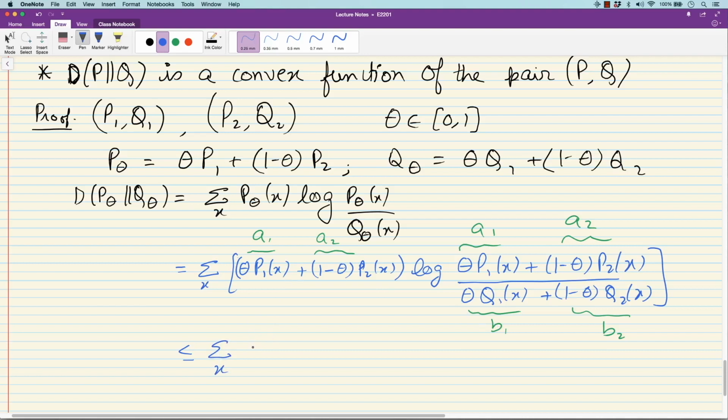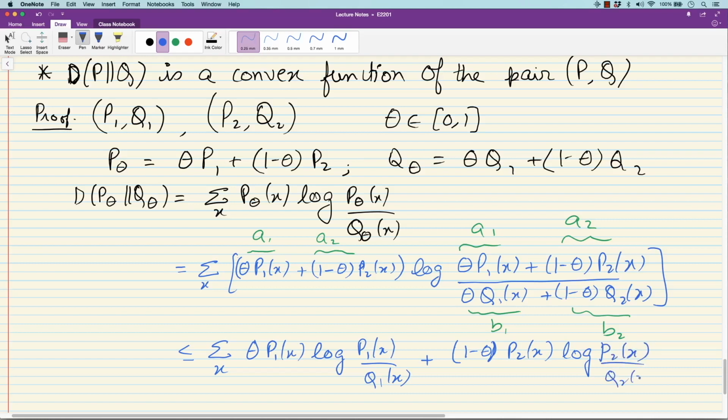So what is a1 log a1 by b1? a1 log a1 by b1, theta P1(x) by theta Q1(x). So theta gets cancelled, P1(x) by Q1(x). And similarly, 1 minus theta P2(x) log P2(x) by Q2(x).